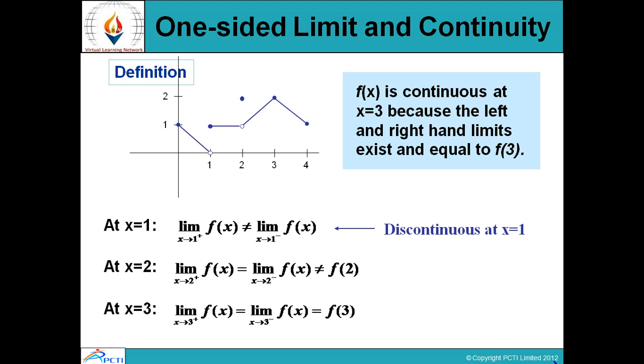At x equal to 2, the limit of f(x) as x tends to 2 does not equal f(2). And at x equal to 3, the left and right limits of f(x) equal f(3). So it is a continuous function.